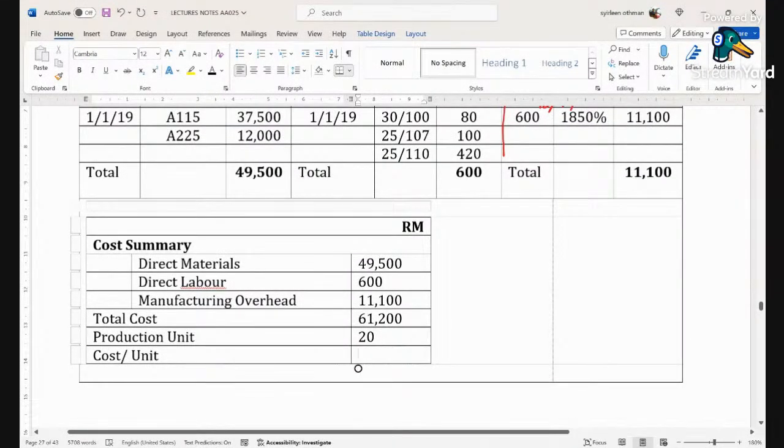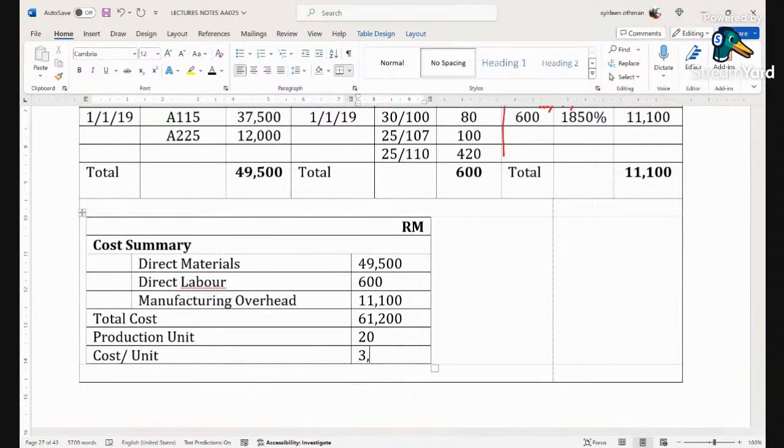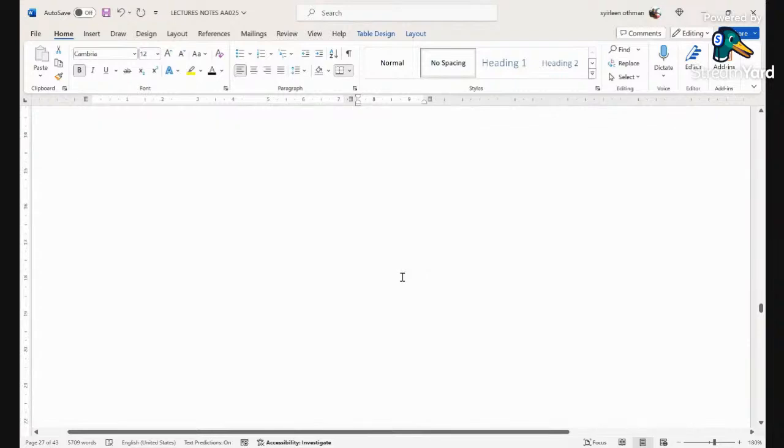Okay. So one cabinet is going to be 3,060 ringgit. Okay, so ini ialah cost per unit untuk satu kabinet 3,060. Okay, so this is using the job cost sheet.